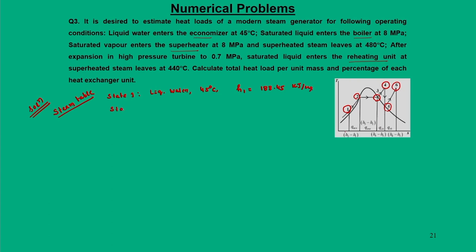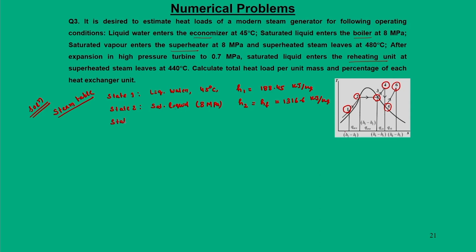and state 2 is saturated liquid enters into the boiler or evaporator at 8 megapascal. This is saturated liquid 8 megapascal. So, saturated liquid table will give you H2 as HF value at this pressure, that is 1316.6 kilojoule per kg.